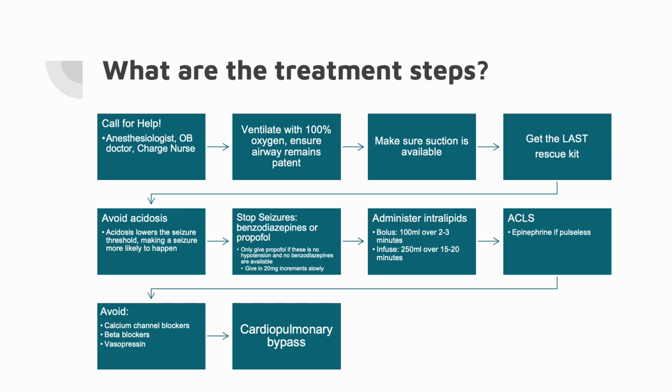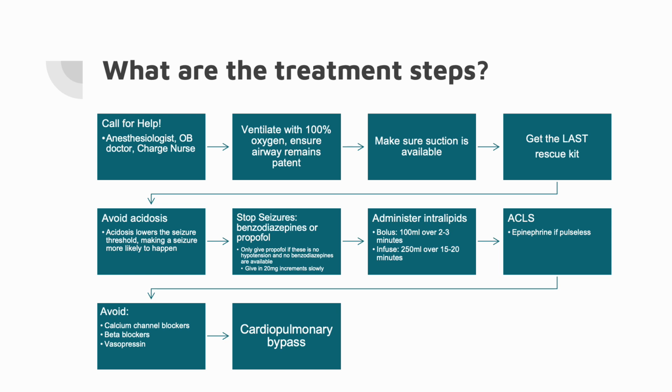This will prevent them from becoming acidotic, which we see lower in the list here. You want to make sure their suction's available, because if they somehow stop breathing, start having seizures, and start vomiting, they could aspirate. Then we get into another bad situation.